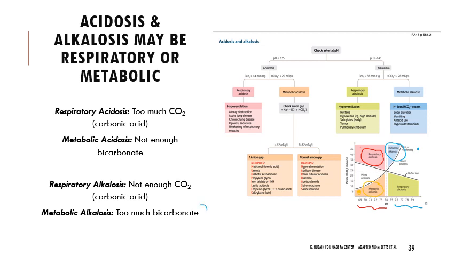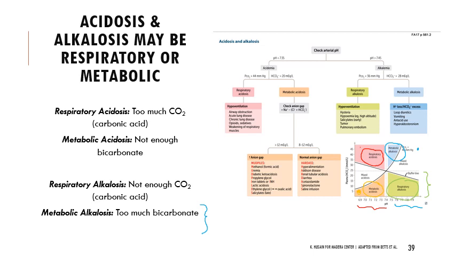That's too much bicarbonate, metabolic alkalosis. When we have low levels of bicarbonate right here, and we have high pH, that's probably due to having not enough carbon dioxide or carbonic acid, so respiratory alkalosis.